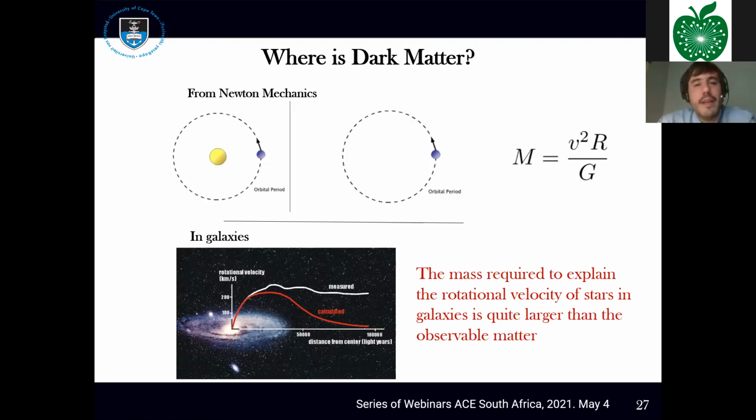I would like you to remember also that even if we cover the big planet at the center and don't see it, it's possible to know its mass, basically because we know the velocity of the small planet surrounding the big one. So remember this idea and remember the question: where is dark matter?